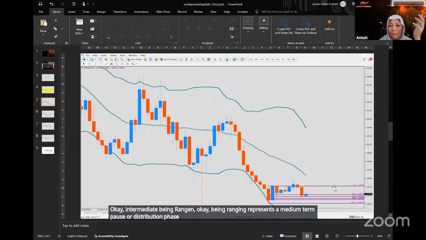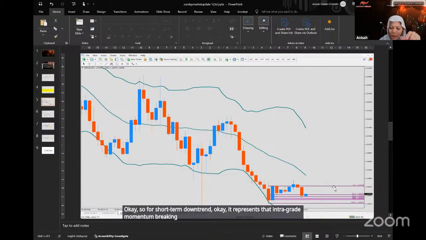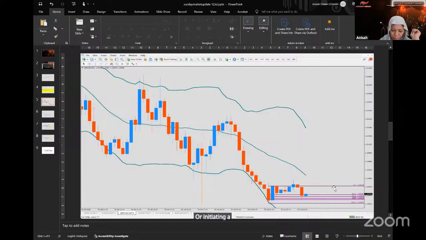Sellers are resting at the moment, and the market is moving sideways to build energy. Short-term downtrend represents that intraday momentum is breaking down. It shows that inside the H1 ranging, sellers have taken control and are pushing toward the bottom of that range or initiating a full breakout.